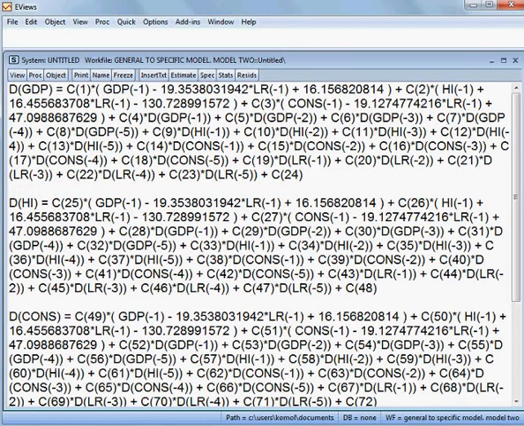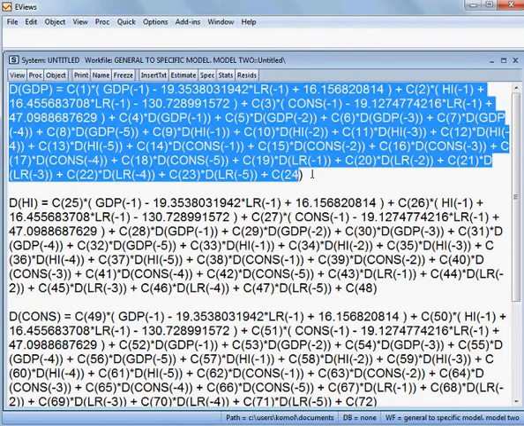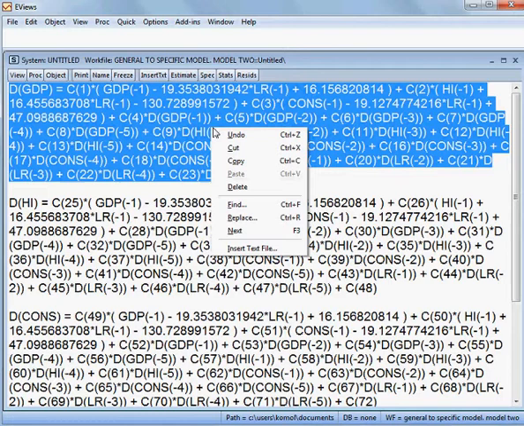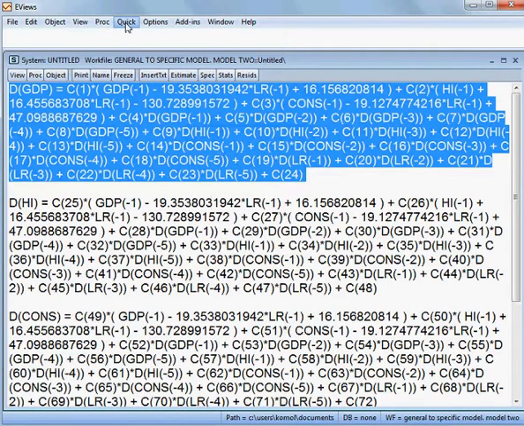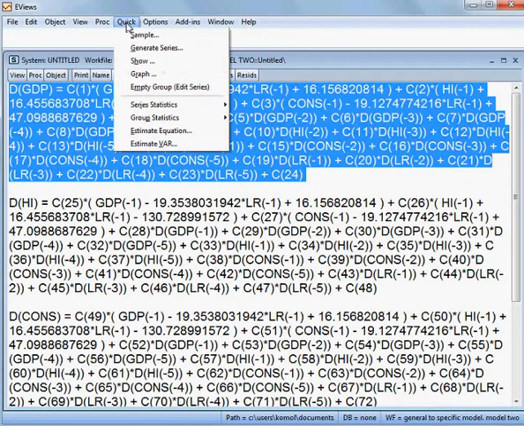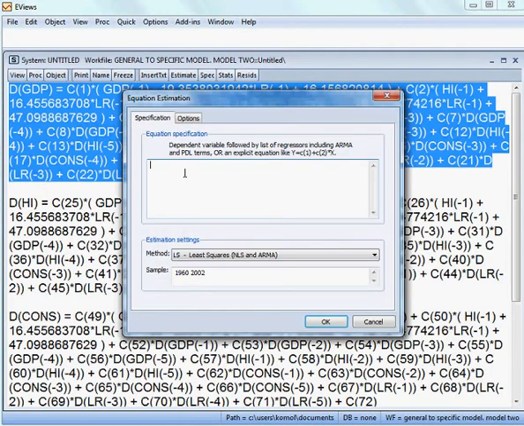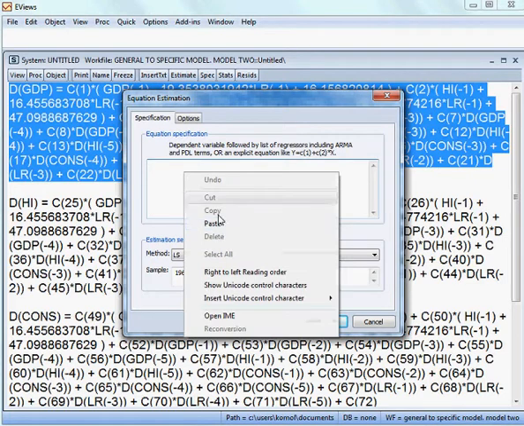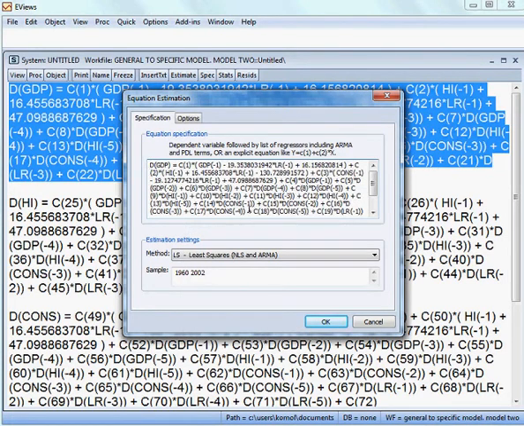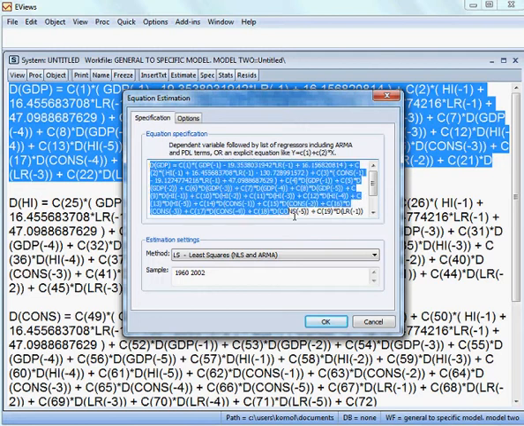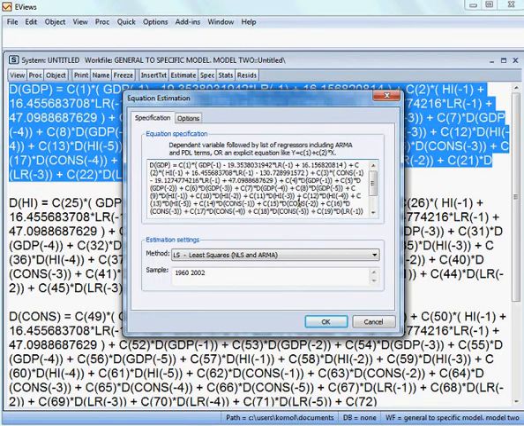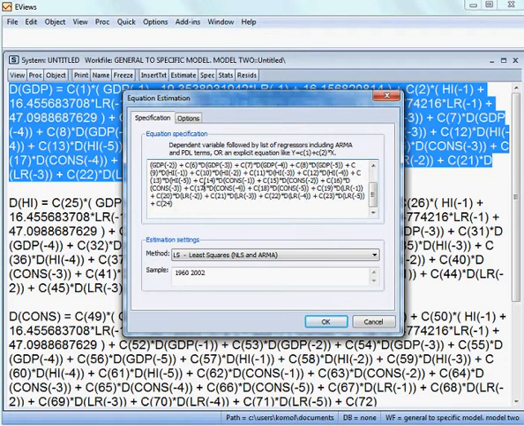What I do is copy the whole thing, go to Quick, Estimate Equation, and put everything here. So this is the total model, where GDP is the dependent variable.